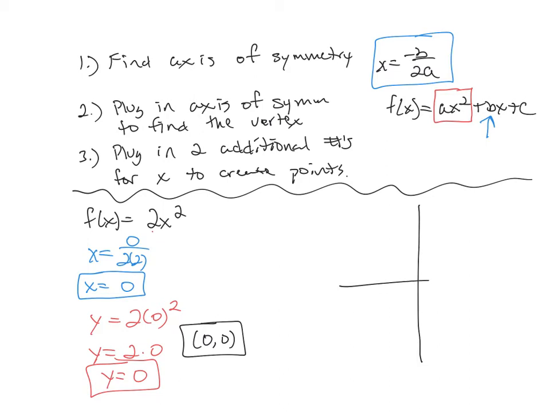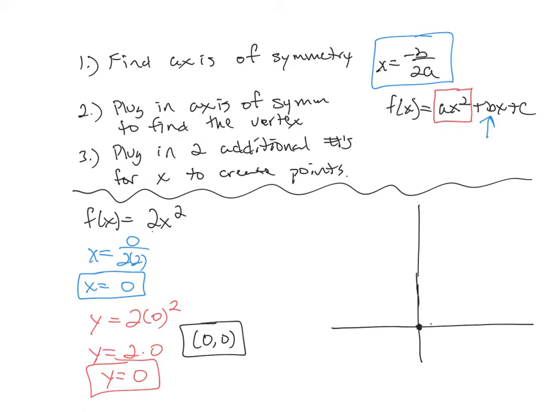Okay, so over here I'm going to start to graph, and so let me put that down lower. Okay, so 0, 0 is where we're going to start. Okay, plug in 2 additional numbers for x to create the points.